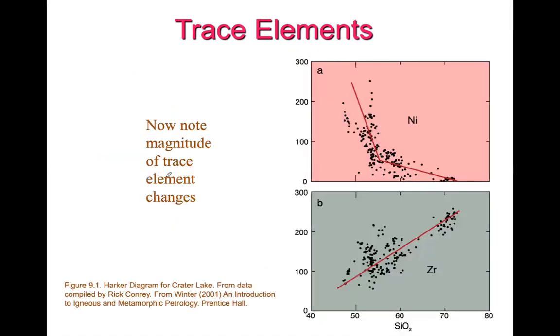So you can see here the trace element magnitude variation. So we have trace element now, the same silica variation you can see here. But you see at the beginning, say 75 silica, the trace element composition is like 250 ppb, but finally it has reduced to 50 ppb or so, right?